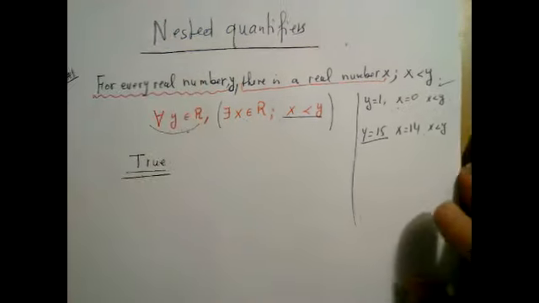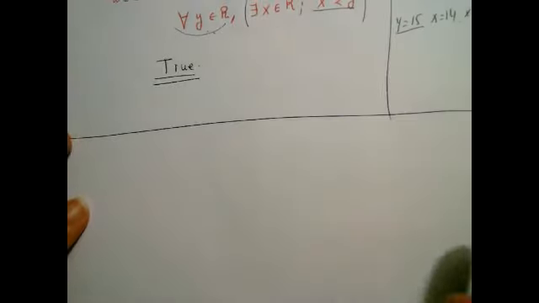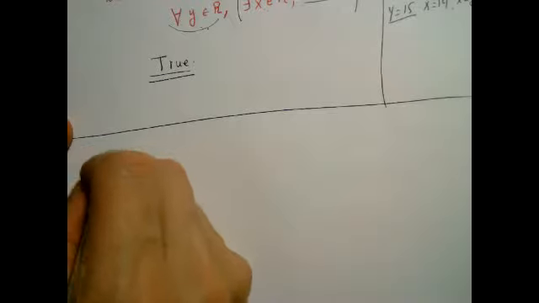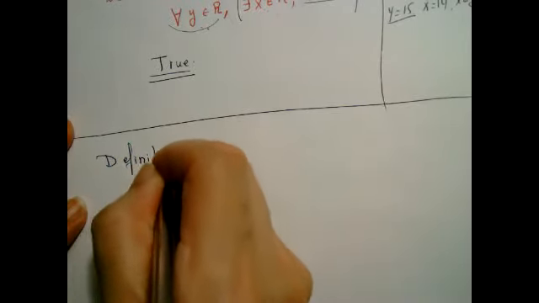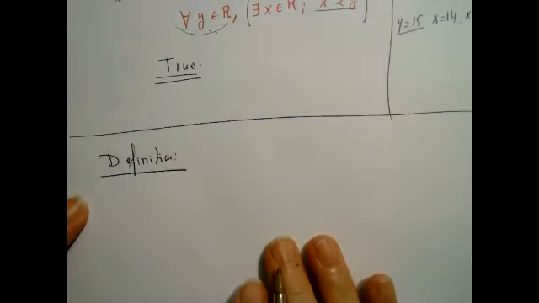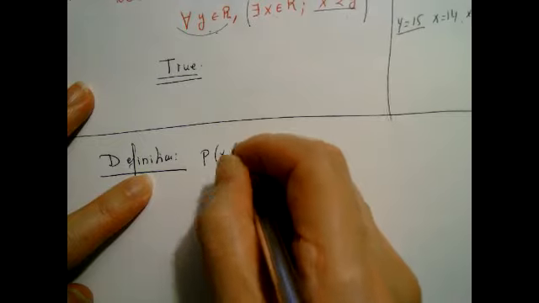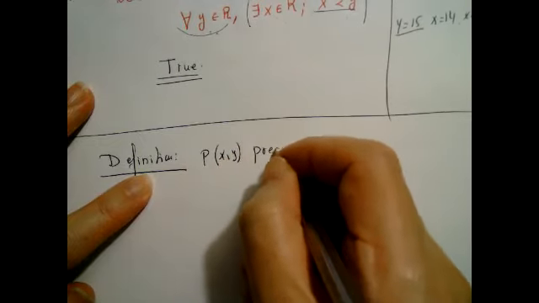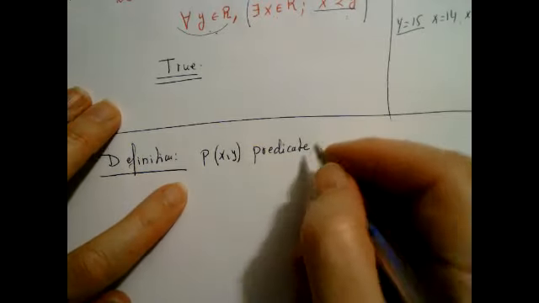Okay, so what does it mean for a statement of the following form to be true? So, definition. And then we go back to the same example. Suppose P of x, y is a predicate. It's just a sentence that has two variables.